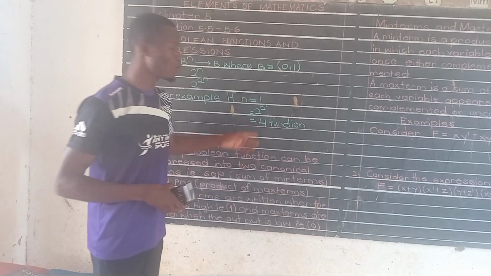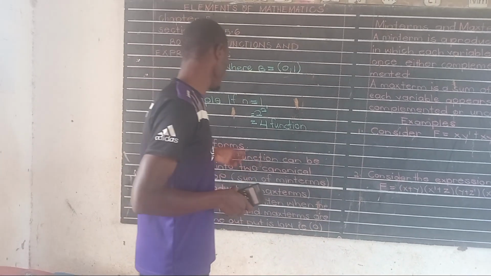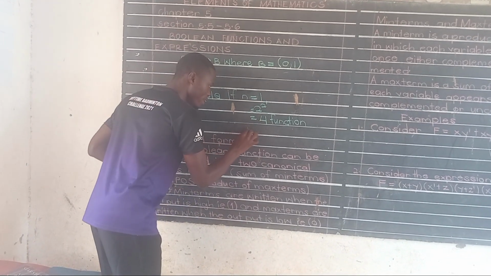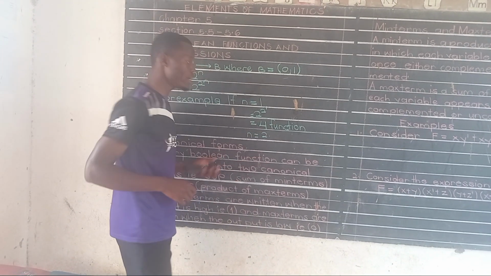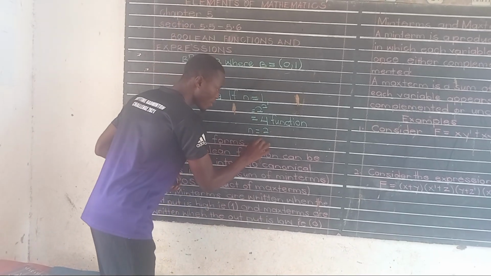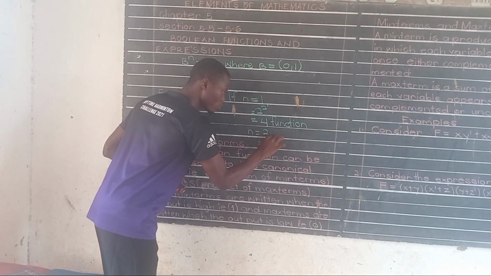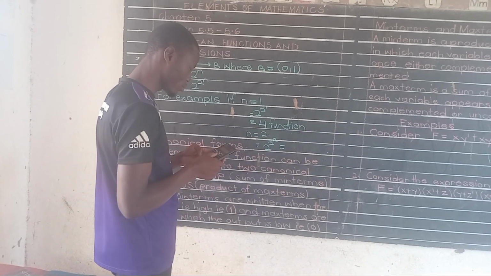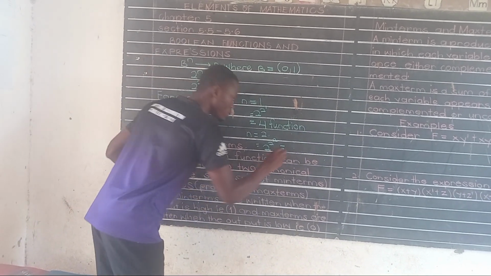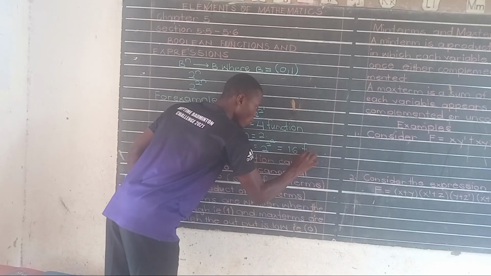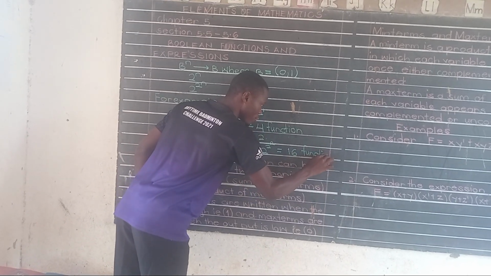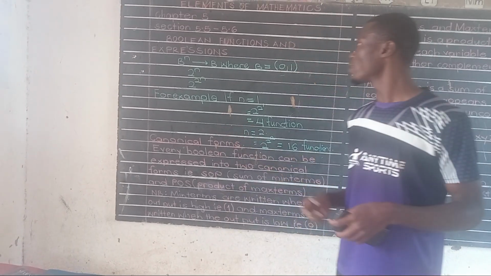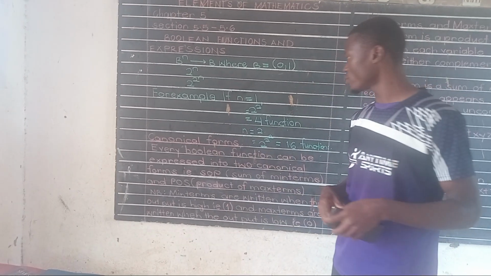So I can have 4 Boolean functions if the variable count was 1. Assuming n was 2, I will have 2 to the power 2 to the power 2, and the output is 2 to the power 4, which is 16 Boolean functions. So basically that's how I can get the number of Boolean functions given any number of variables.